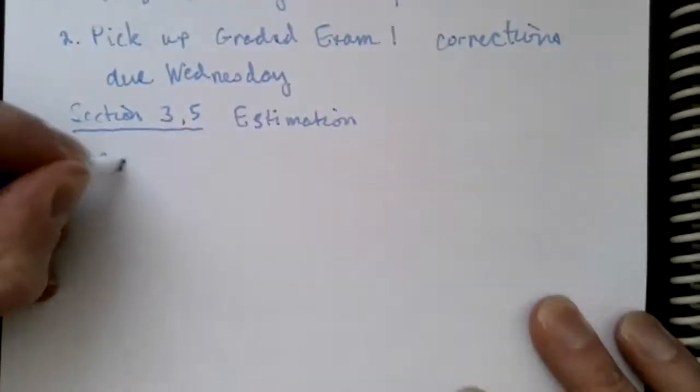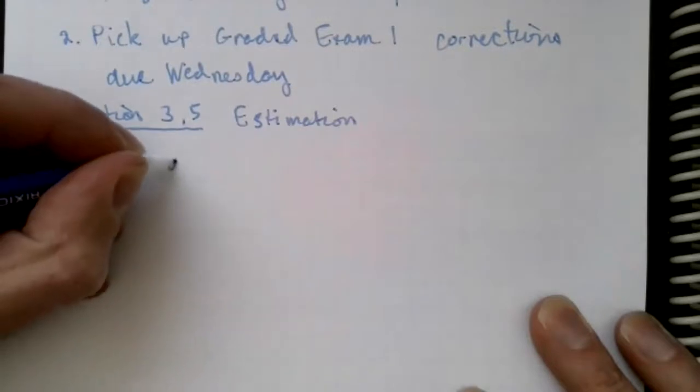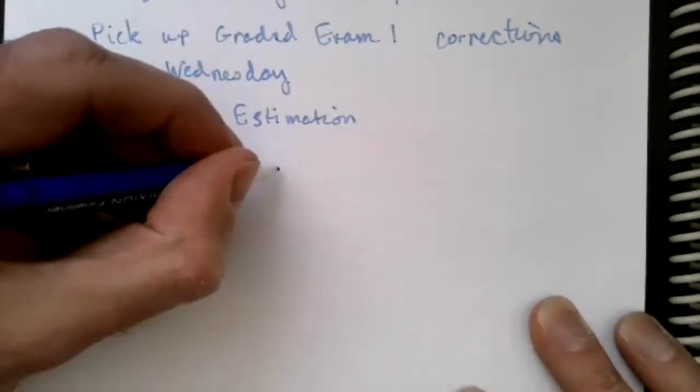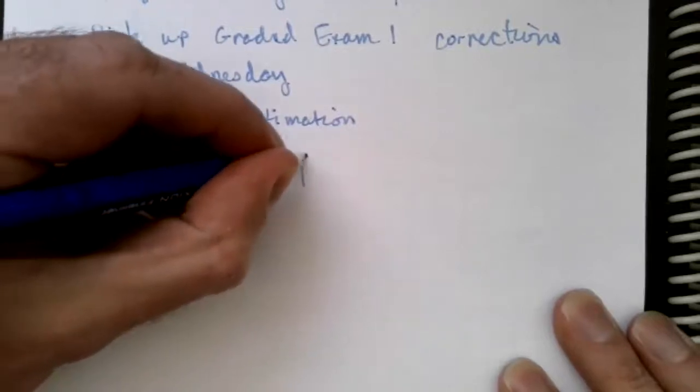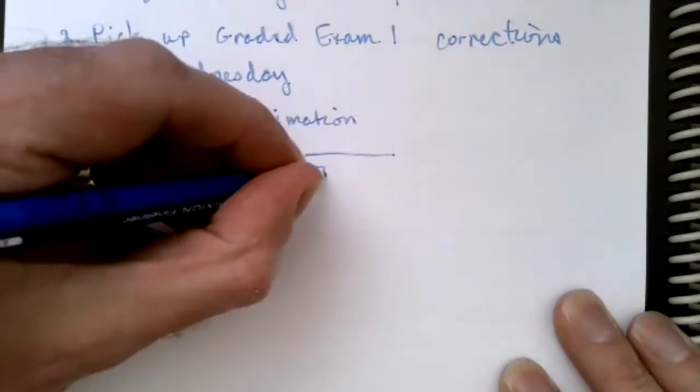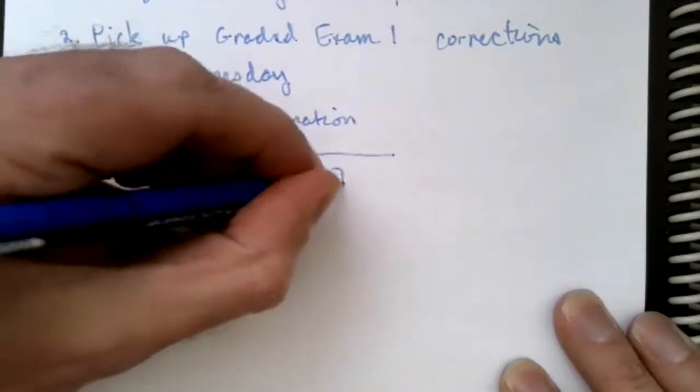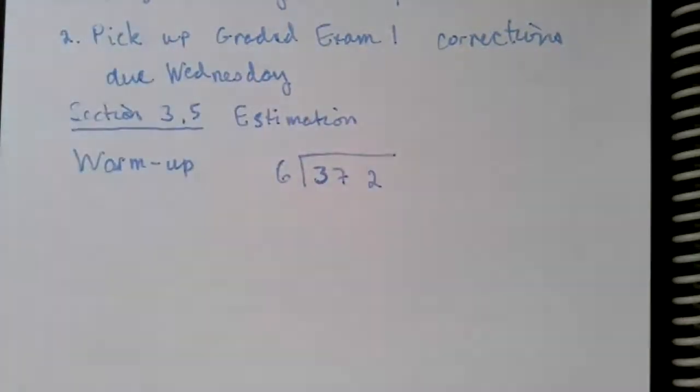So we're going to do a little warm up. Okay, I want you to try this in your own notebooks. I want you to do a long division problem. I want you to take 6 and divide that into 372. All right, take 2 minutes.